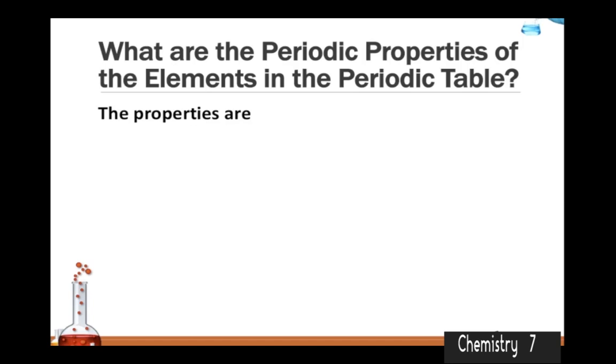What are the periodic properties of the elements in the periodic table? The properties are nuclear charge, or the total charge of protons in the nucleus of an atom. Generally, nuclear charge increases as more protons are added to an atom.